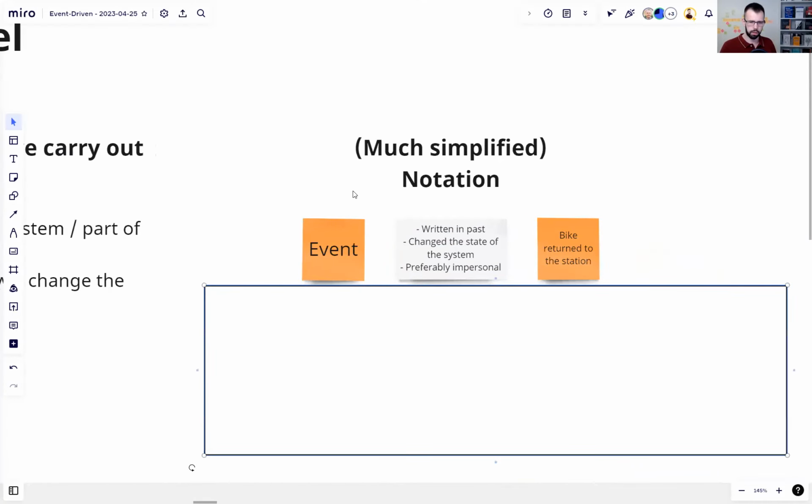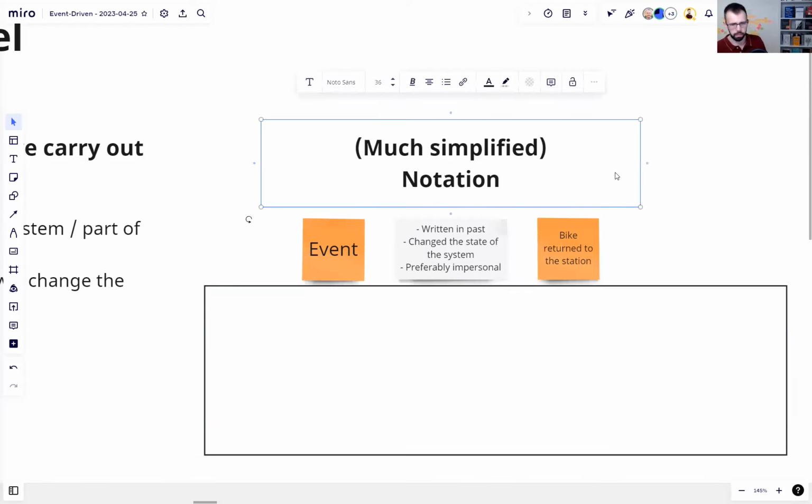We have an event. It's written in past, and it's about some change of state of the system. So the state of the system before that event was different than after this event. So we want to cover important changes in our system from the business perspective.